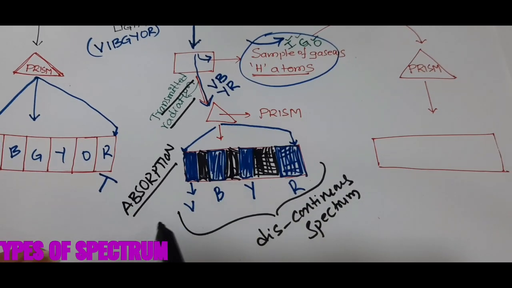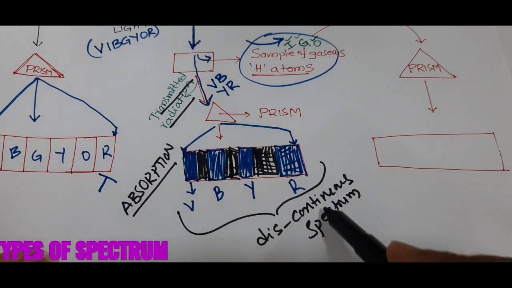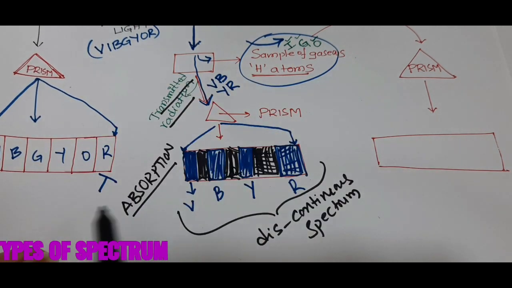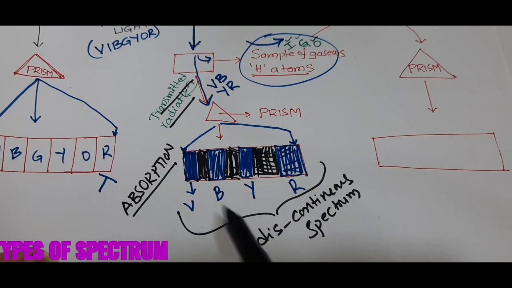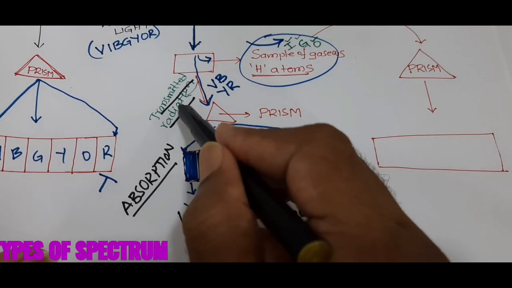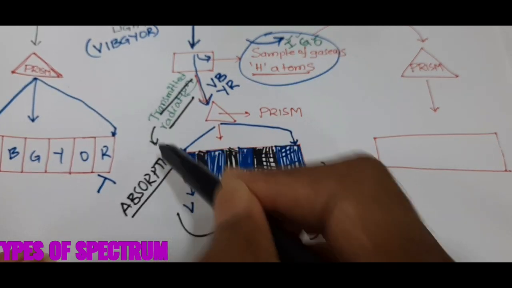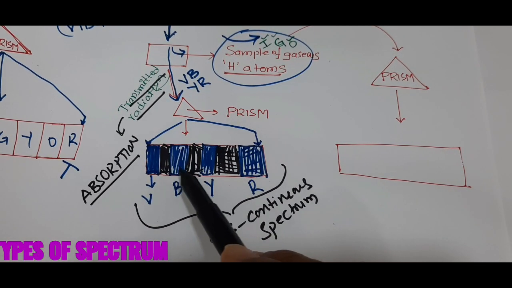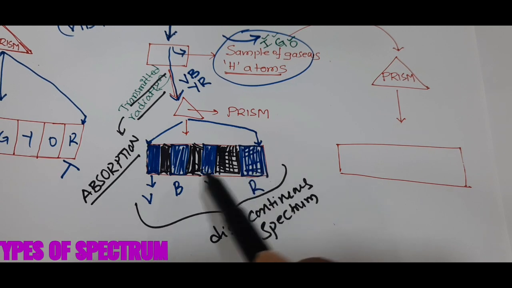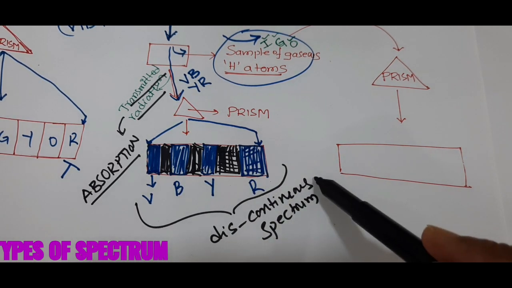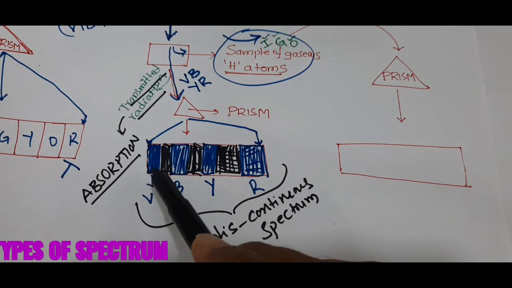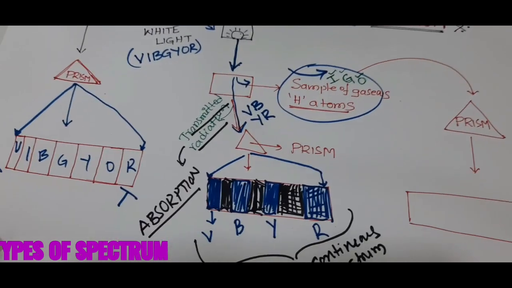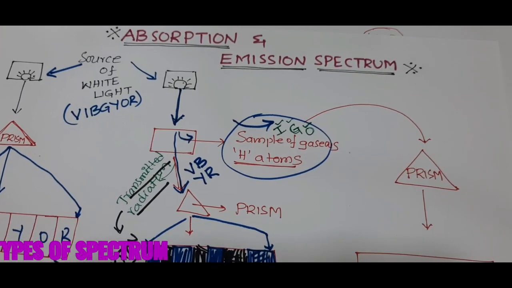It does not mean absorption spectra are discontinuous or discontinuous spectra are absorption. There is no correlation between absorption and discontinuity. The spectrum obtained by the analysis of the transmitted radiation is called absorption spectrum, and the spectrum in which all the radiations are not present in serial order, separated by gaps, is called a discontinuous spectrum. This is the explanation about the absorption spectrum.